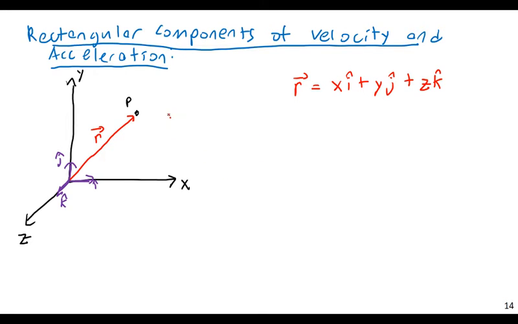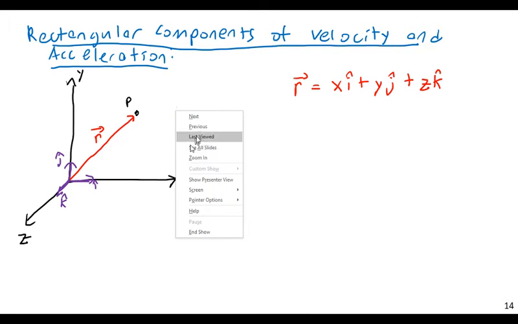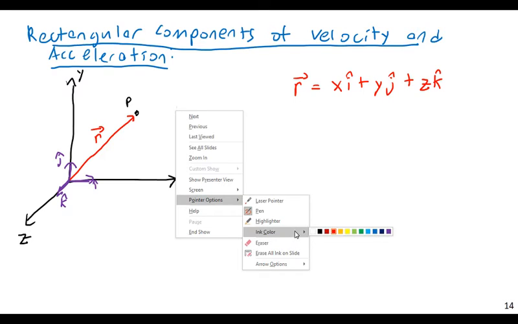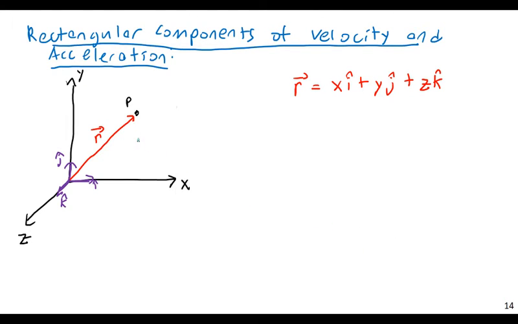All right, so then let's consider here. Let me actually label these. This component, if I drew it like a vector, would be yj.